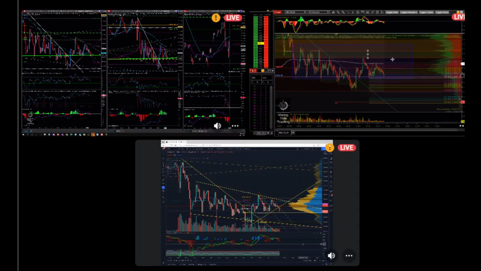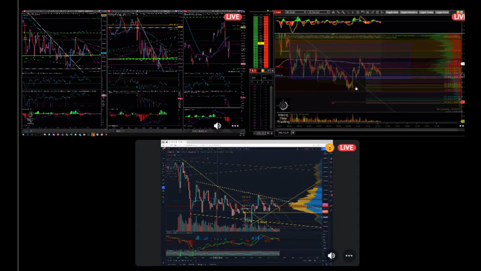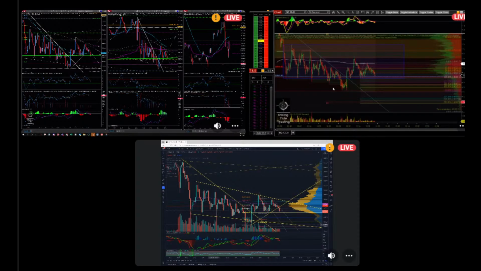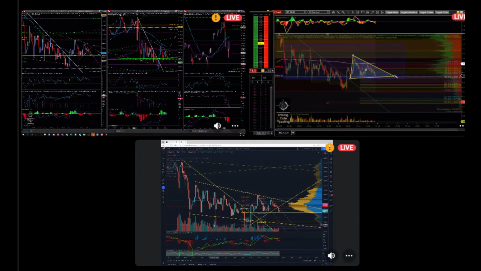There you go. And also, as overtraded mentioned, this magical triangle.